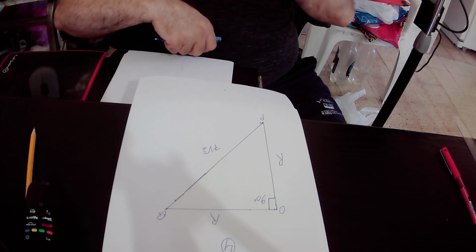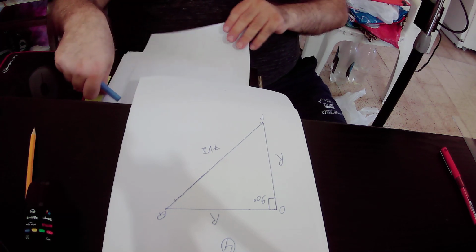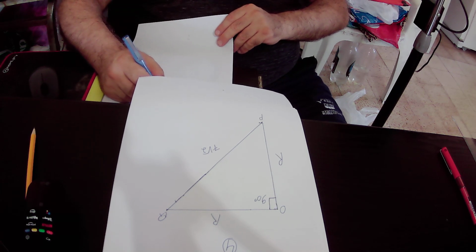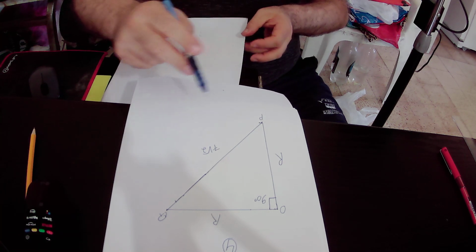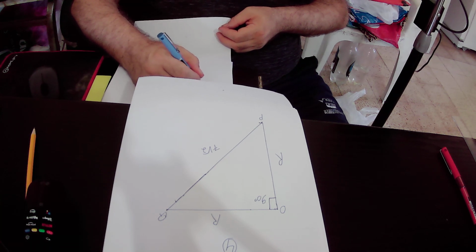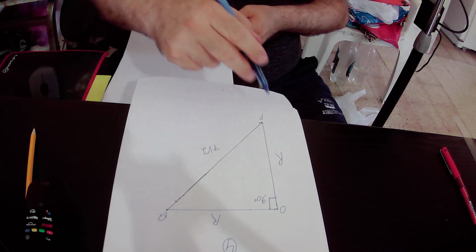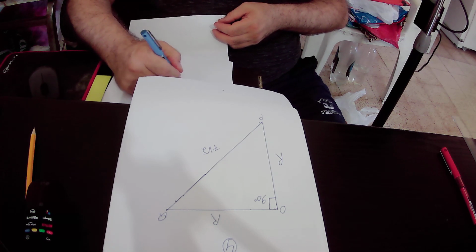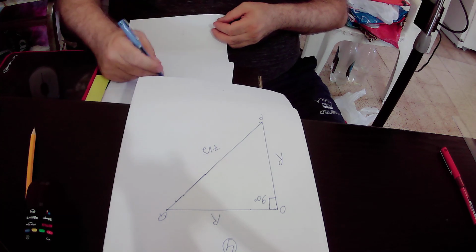And as you can see here, the square of the hypotenuse, that is to say PQ square, equals to the sum of the squares of the perpendiculars. That is to say, PO squared plus OQ squared.